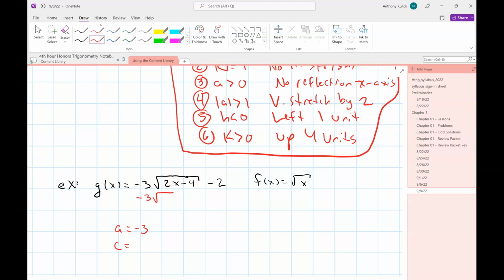So what did you just do there? Yeah, what did you just do? Factor out the two. Because the general form is, C is the denominator of the factor, and so if it was 2, that means that you had to put a 1 past.